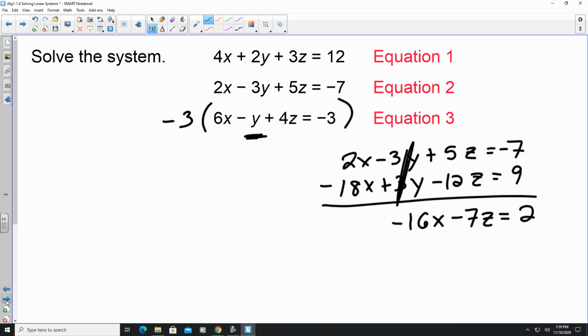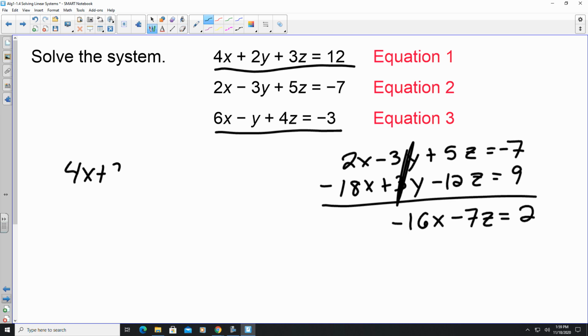All right, now looking at the next one. Since I used this equation with this equation, I'm now going to look at this equation here. So I'm just going to rewrite 4x plus 2y plus 3z is equal to 12.